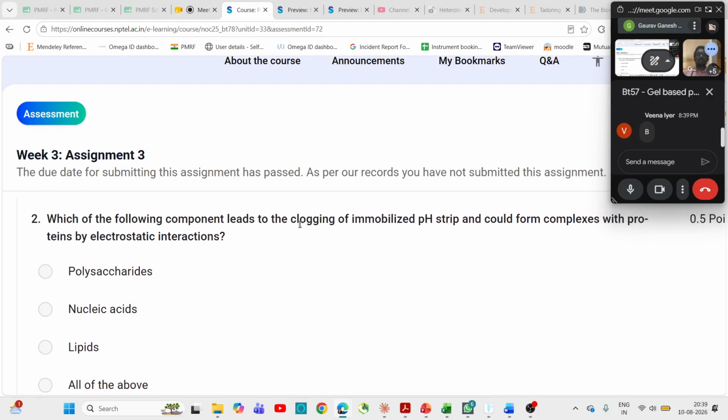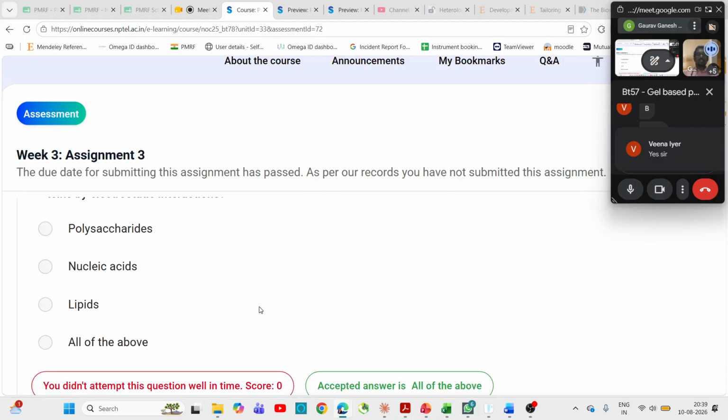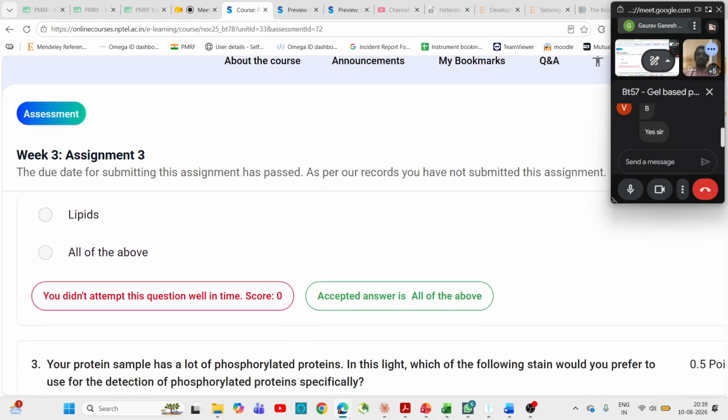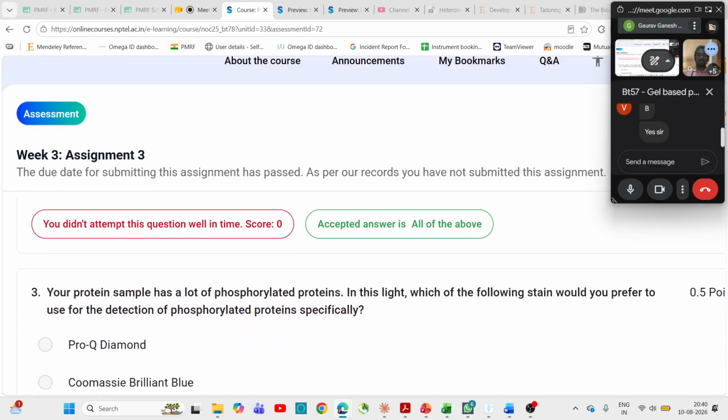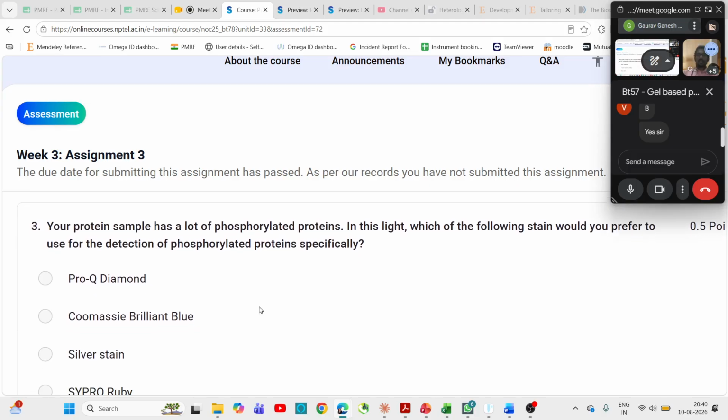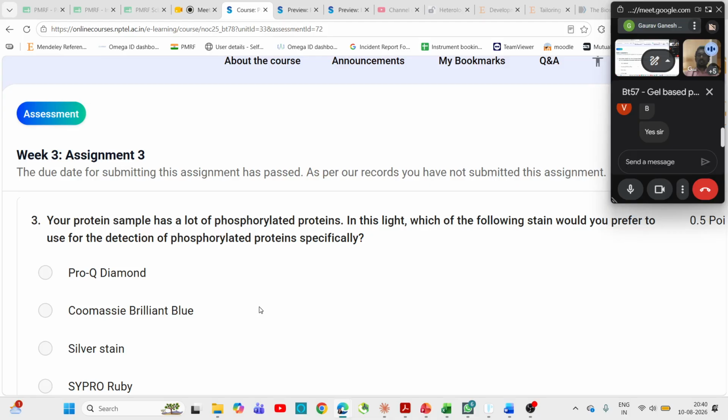So it will clog the gels and it will change the pH of the protein itself and it will not allow isoelectric point to get achieved, etc. Everything will be responsible for that. So you want to detect phosphorylated proteins, which type of stain you need to use?